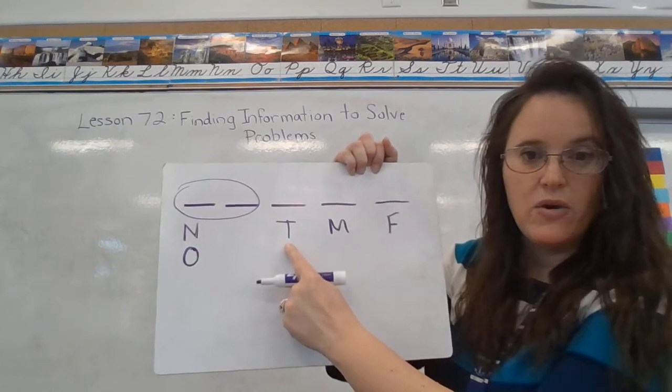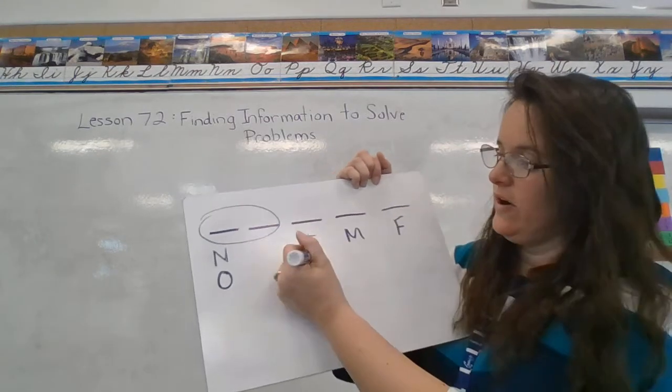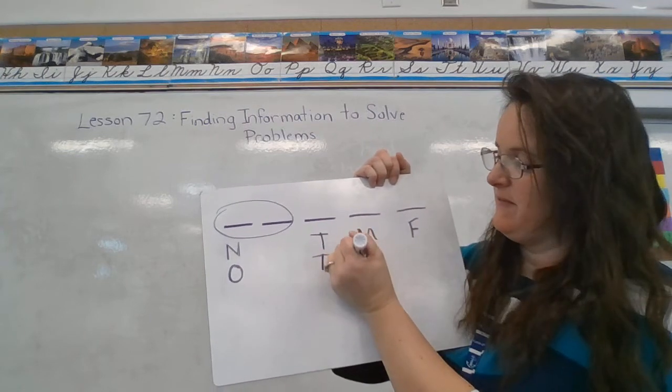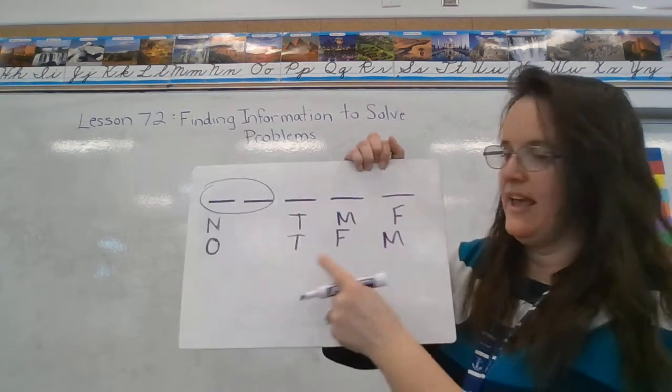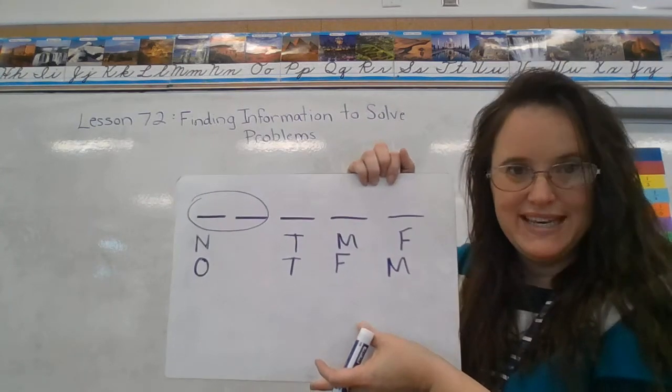So Texas can go here, Maine here, Florida here, or I can leave Texas in the middle spot and flip-flop Maine and Florida. This is called making an organized list.